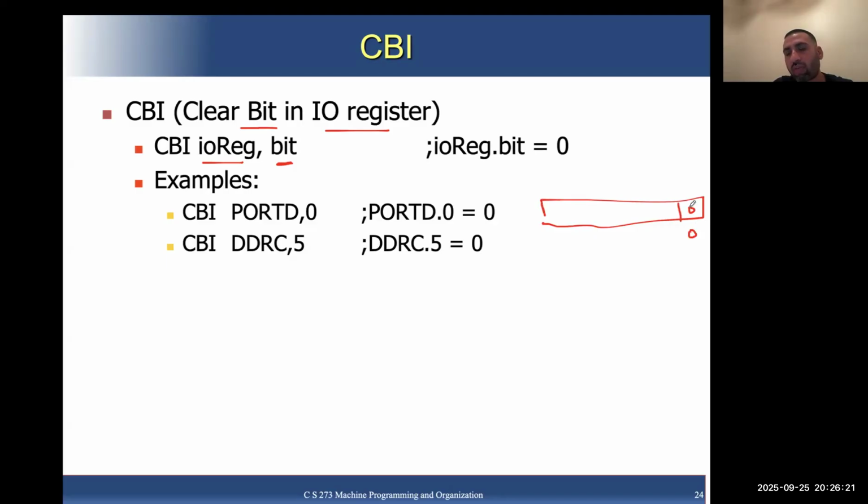We don't know the older value, but the new value at bit index 0 will be 0. And CBI DDRC, 5 means set the bit at index 5 equal to 0 for the DDRC register.